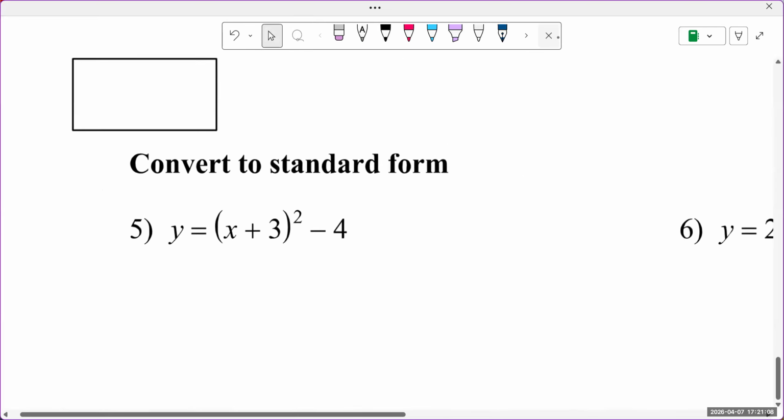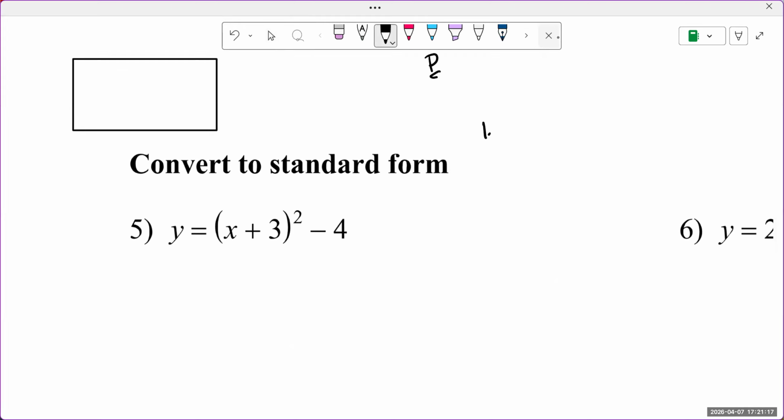Okay, here's the new material. Convert to standard form. Okay, so remember order of operations: parentheses, exponents, multiply, divide, add, subtract. So the first thing we're going to do is this parenthesis with the exponent.